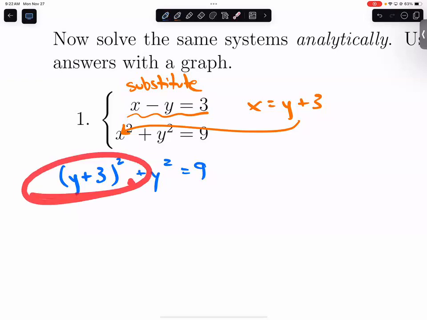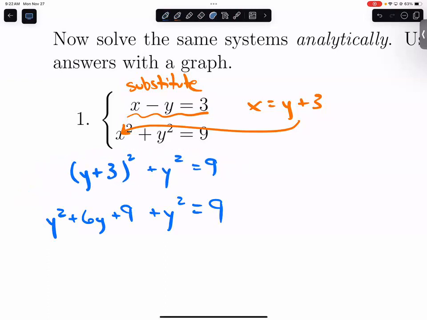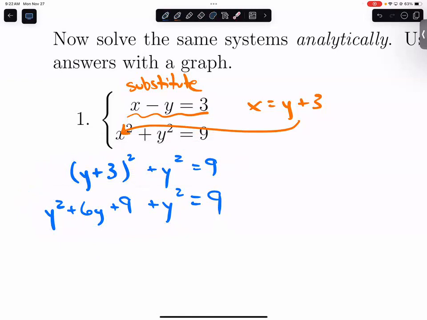Expand this thing. So y squared plus 6y plus 9 plus the y squared that was there already equals 9. So this is all this, right? And then combine like terms.